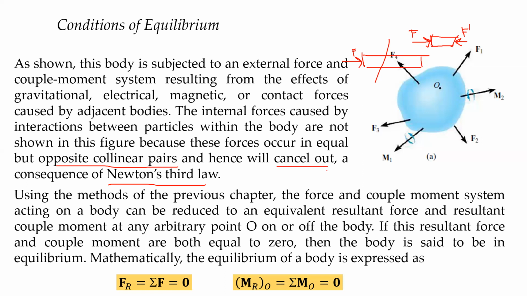They are still coplanar, but non-concurrent, because in equilibrium of a particle, our forces must be concurrent, meaning the lines of action of all of our forces pass through a single point. It is different, just like what we had in our previous topic on force and couple moment systems. But again, since it is in equilibrium, if we sum all of our moments and all of our forces, it is equal to zero.